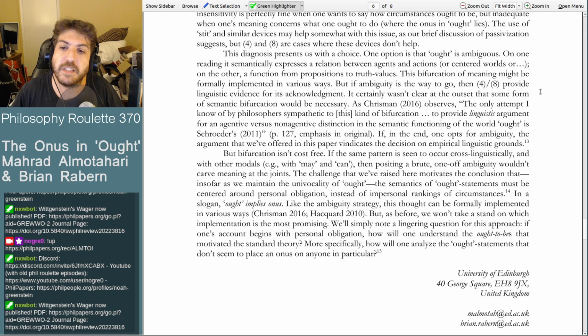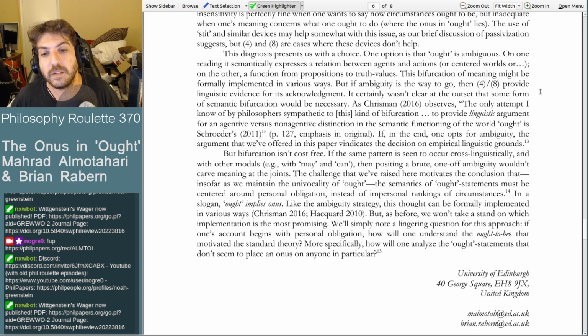One option is that ought is ambiguous. On one reading, it semantically expresses a relation between agents and actions, or centered worlds, or whatever else. On the other, a function from propositions to truth values. This bifurcation of meaning might be formally implemented in various ways, but if ambiguity is the way to go, then 4 or 8 provide linguistic evidence for its acknowledgement.